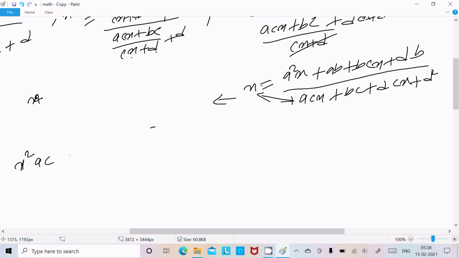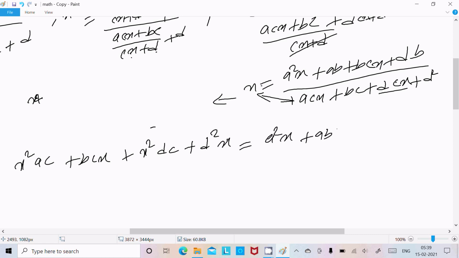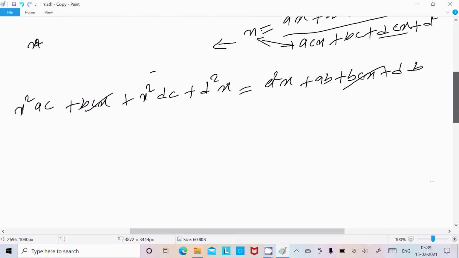Now bc multiplied, so it becomes bcx, and here x multiplied, so x²dc, and here d² multiplied, so it becomes d²x. Here a²x + ab + bcx + db. Is there anything going to cancel? bcx is there, so it cancels.